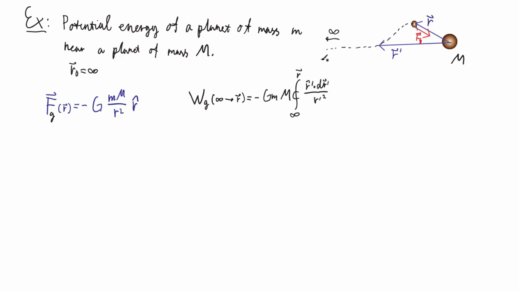R prime here is any point along the path, and R is the final position of the planet, where we're interested in finding out the work, or the potential energy.